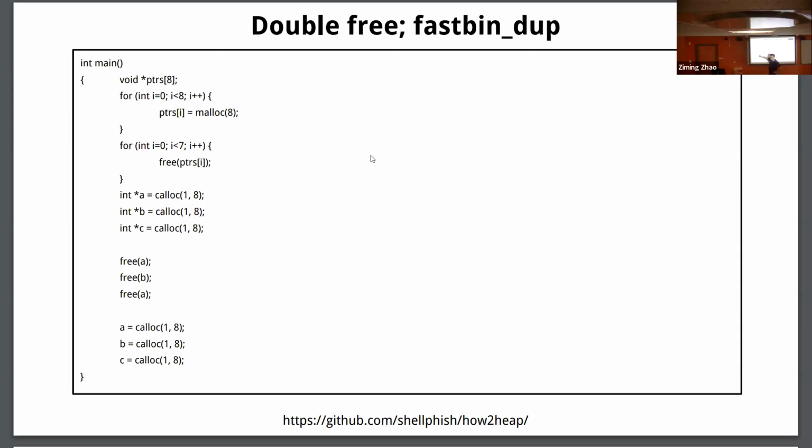So what will happen with free A again? The current implementation cannot detect that this is a double free. But what will happen to that B? The head will point to A, which points to B, which points to A again, and A points to the same place again.